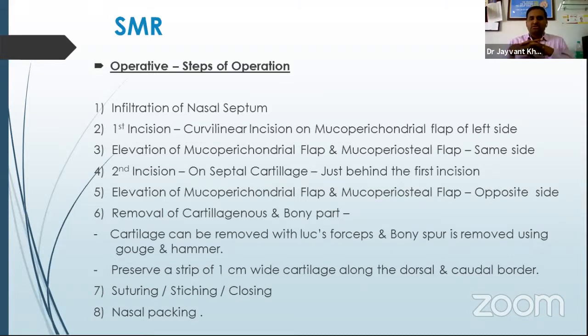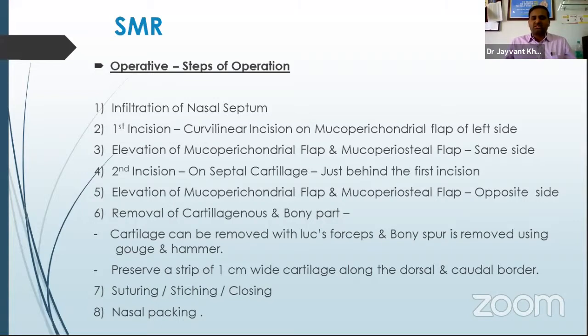Then you have to use the Luc forceps and gouge and hammer. With the help of Luc forceps, you can remove the deviated cartilaginous part, and with the help of gouge and hammer, you will remove the bony spur and regularize it. Okay, margins are regularized. Preserve a strip of 1 centimeter.